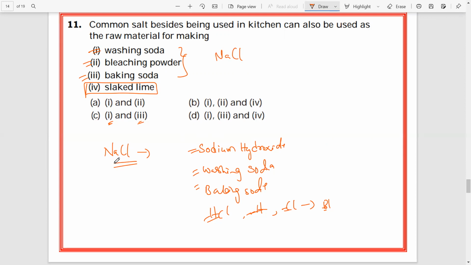But NaCl is not directly used to make bleaching powder. NaCl is used to make chlorine gas. From chlorine gas we will get bleaching powder. So the answer is C, that is 1 and 3. If there were 1, 2, 3, we could keep it, but there is no 1, 2, 3 because bleaching powder is manufactured using chlorine, which is manufactured using NaCl.